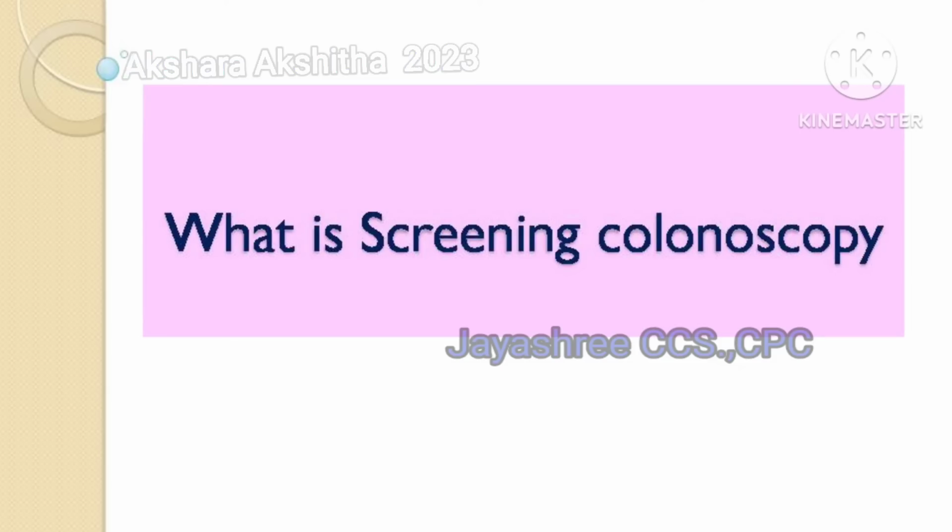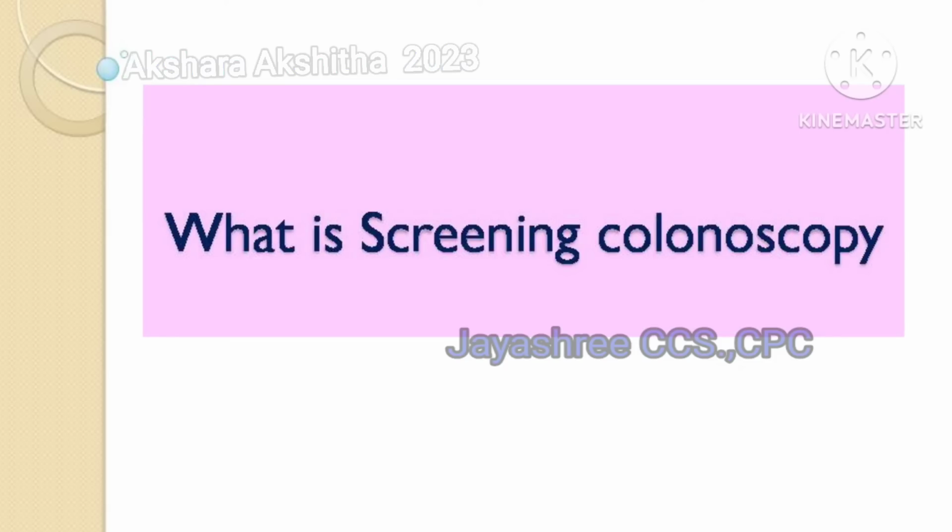In such cases, an asymptomatic patient may come routinely for screening. Age wise, a patient may come, because at a particular age colon polyps will be there, so the doctor may suggest doing a screening colonoscopy.